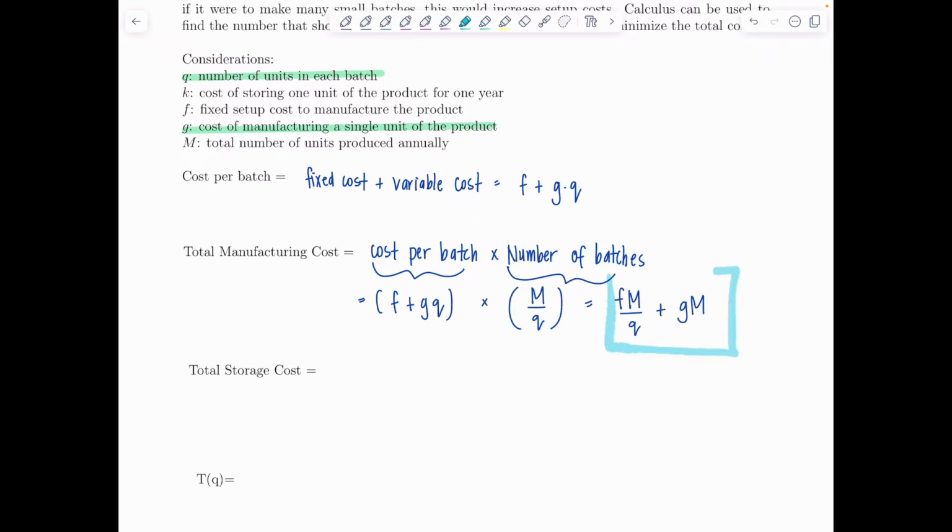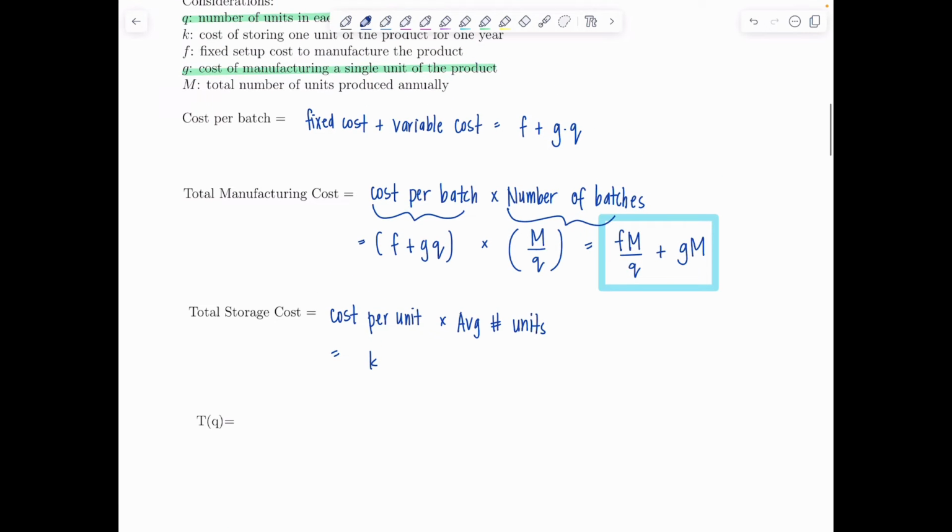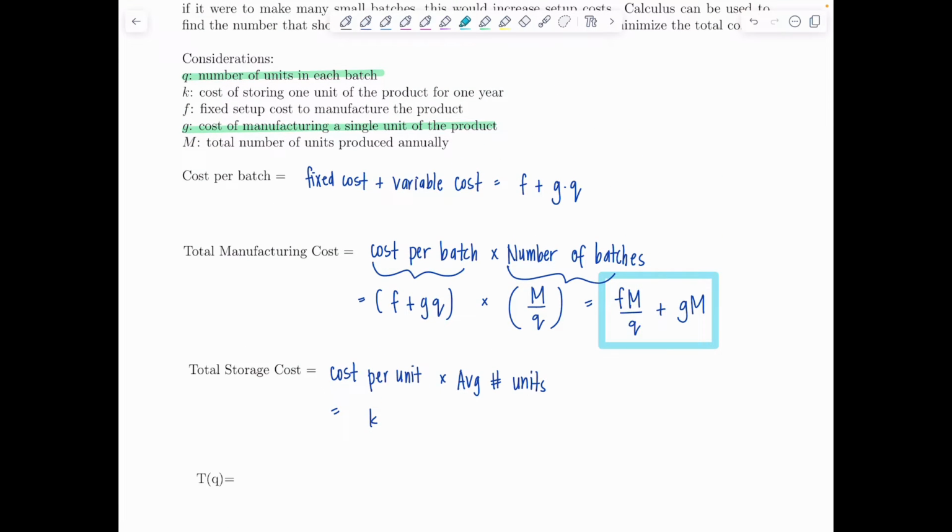Beautiful. What about the storage cost? That's another consideration. Okay, well, the total storage cost would be the cost to store each unit times the average number of units. And the cost to store 1 unit is represented by K. Look up top, K is the cost to store 1 unit of the product for a year.